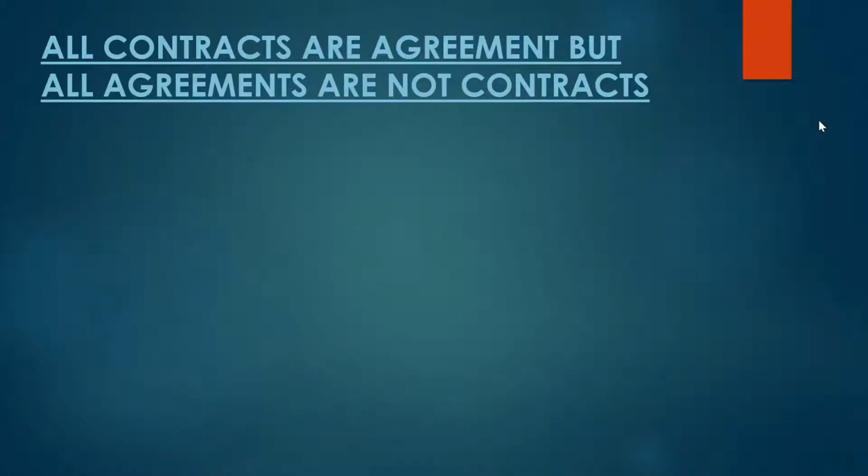Friends, this statement is correct. All contracts are agreements because a contract involves offer and acceptance, and offer and acceptance is nothing but an agreement, right? So all contracts are agreements. But are all agreements contracts?